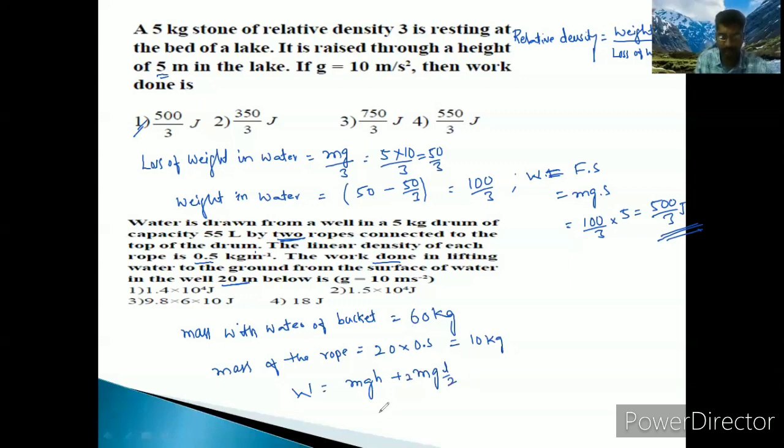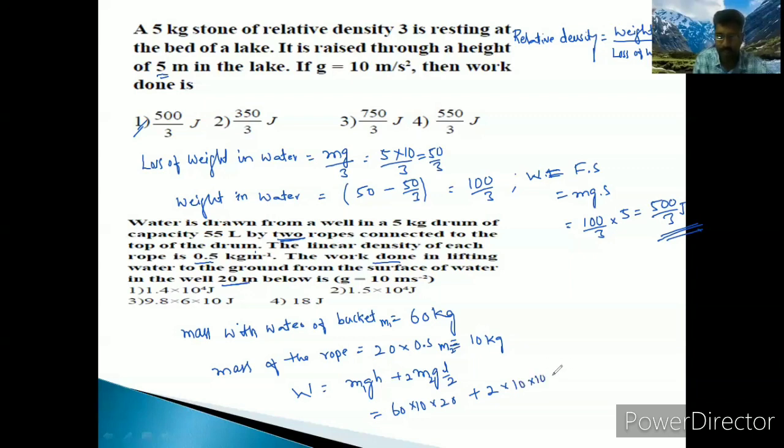So here, how much is the mass? 60. g is 10. h is 20, plus 2 into m value, how much? 10. Here I will write this as m1, this as m2, you can consider. So 2 into m2, how much? 10. g is 10.